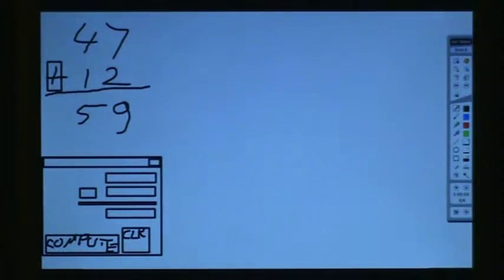So our compute button, we're gonna do a little flow chart for it. Okay. This is the start of our flow chart, and first, we have got to create some variables.